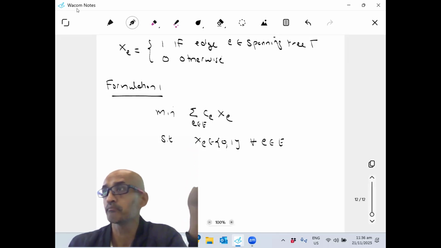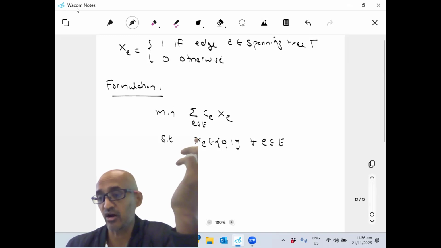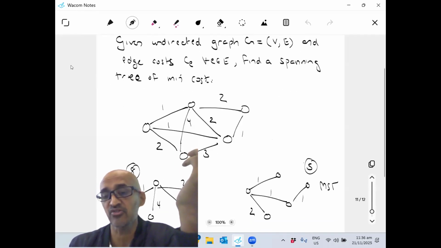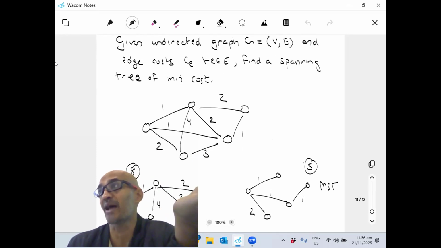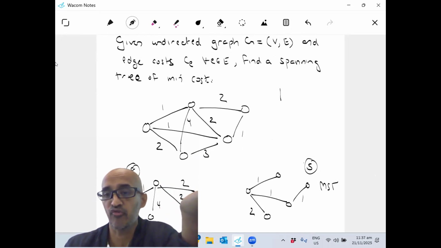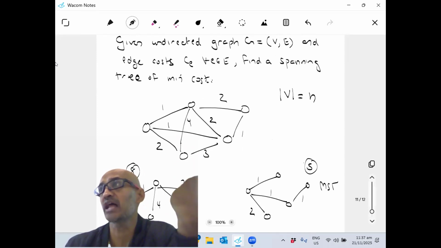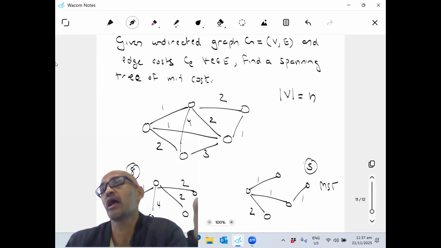That's a binary variable. The next thing a spanning tree has to satisfy is the total number of edges. Let's say the number of nodes in my graph is n. Every spanning tree will have how many edges? n minus 1.